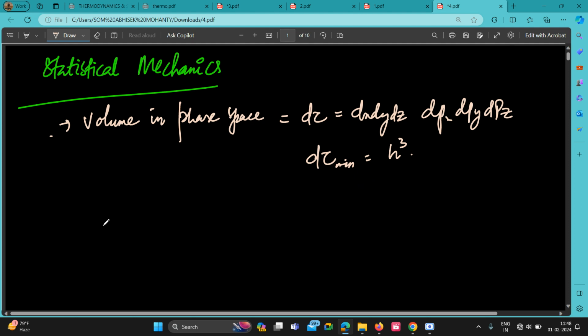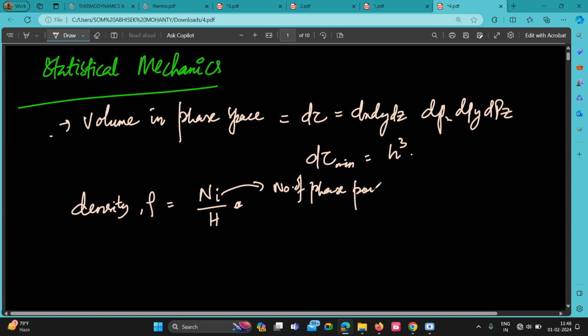Okay. So density is what? Density rho is equal to ni by h, where ni is called the number of phase points and h is called the volume of phase space.